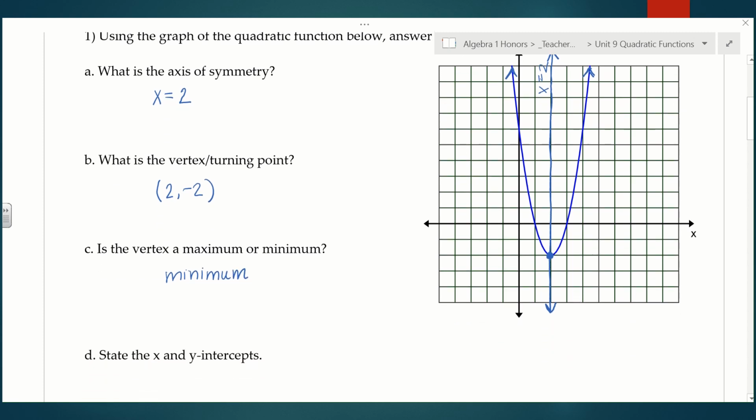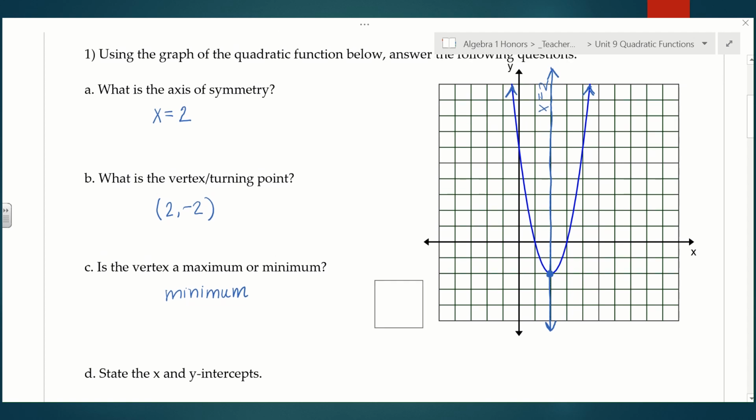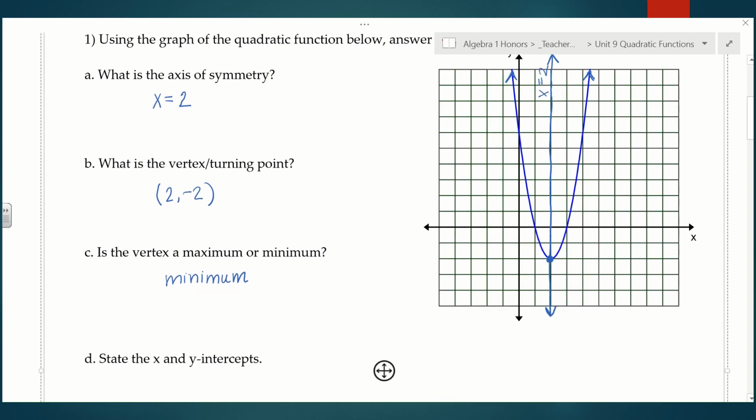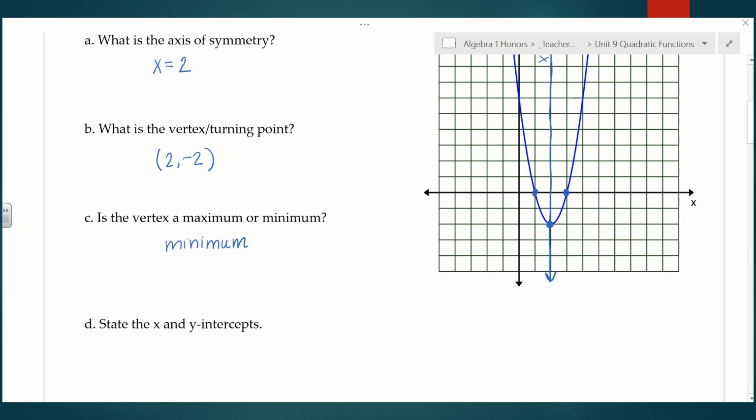For D, it says to state the x and y intercepts. We've been talking about intercepts for much of this year. Let's start by finding the x-intercept. On the graph, I'm just going to put points where this parabola crosses the x-axis. The first x-intercept would be (1, 0).